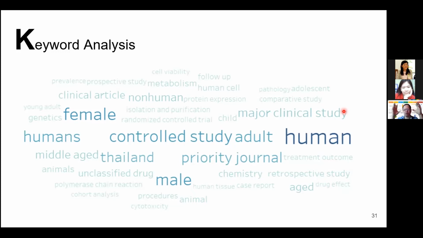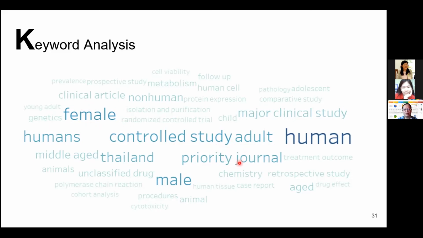Of all these papers, the keywords human and female and control study happen very often, meaning that research from Srinakharinwirot University always focuses on human subjects.